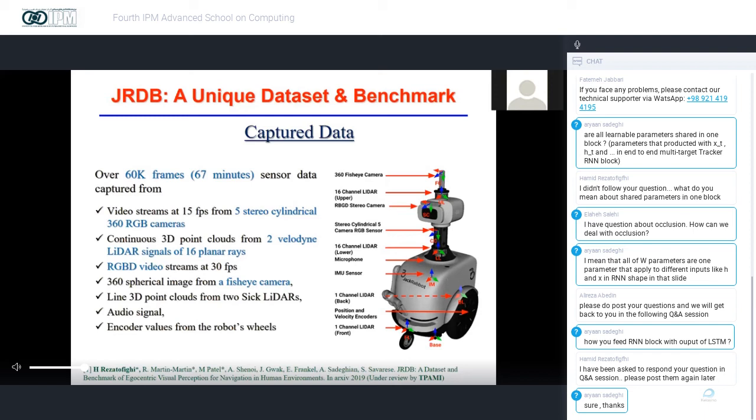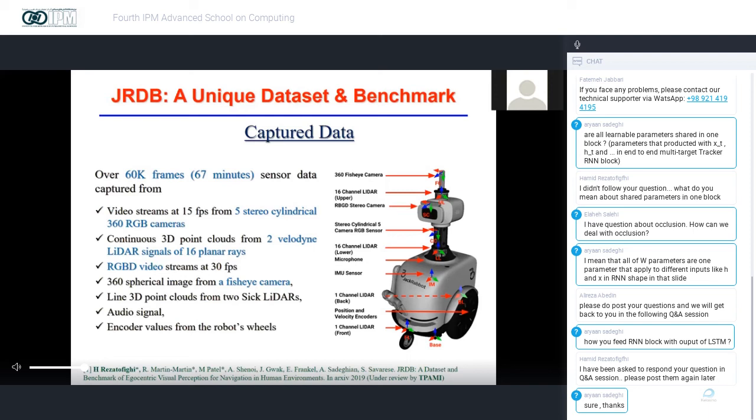We have an IMU sensor, a one-channel LiDAR at the back, and a 360 fisheye camera at the top, plus audio signal, encoder values from the robot wheels, and GPS values. So everything we might need as sensor measurements for a robot.